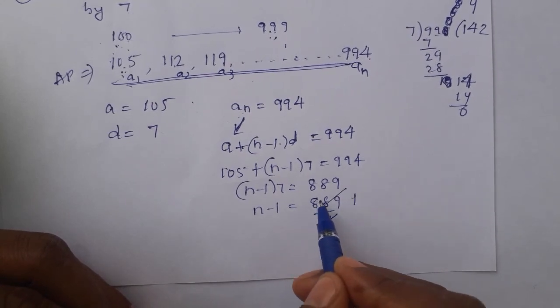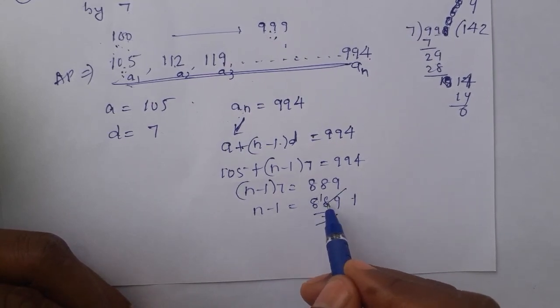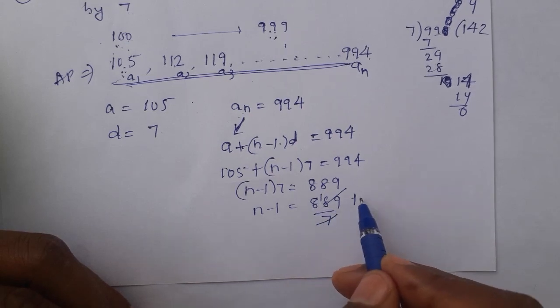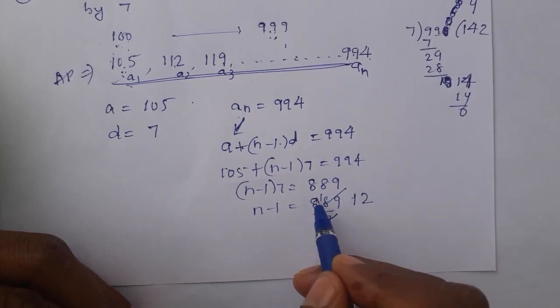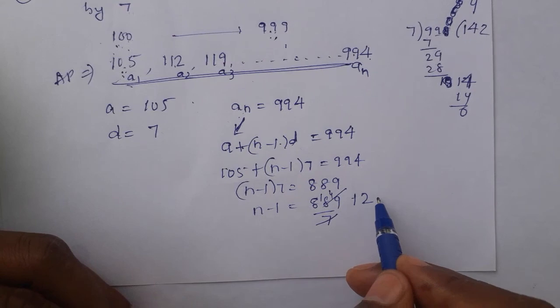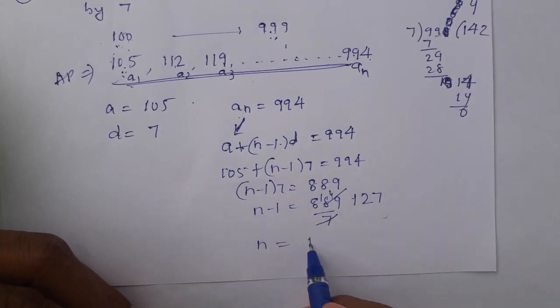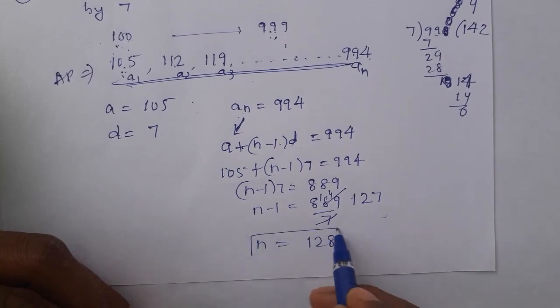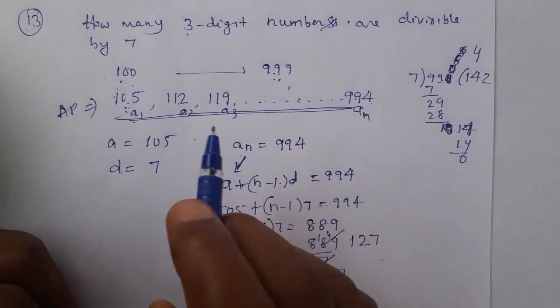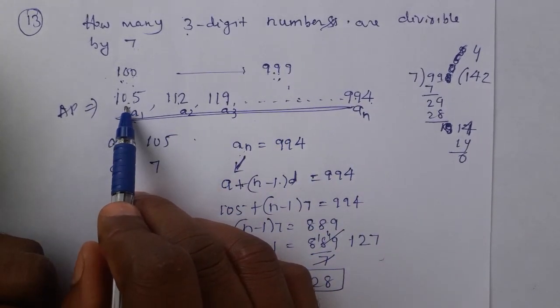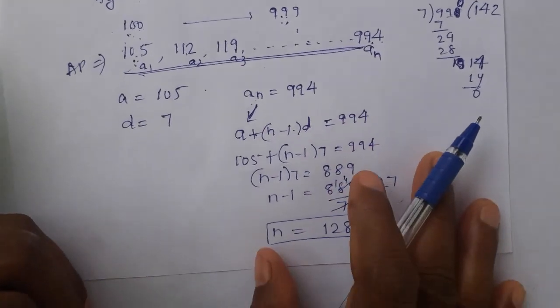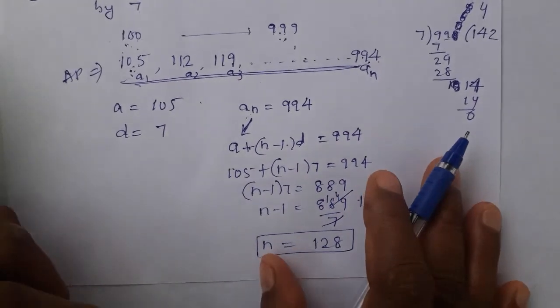7 ones are 7, 1 carry, remainder 18. 7 twos are 14, 4 remainder, 49, and 7 sevens are 49. So N minus 1 is 127, and shifting 1 to the other side, it becomes added. That means from 105 to 994, totally 128 numbers are there. How come 128?